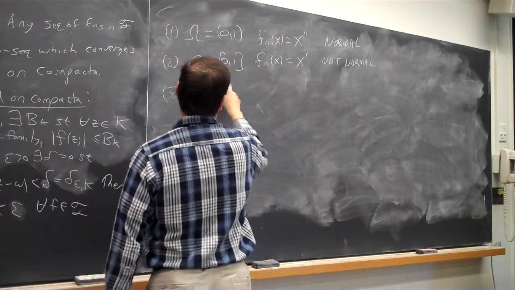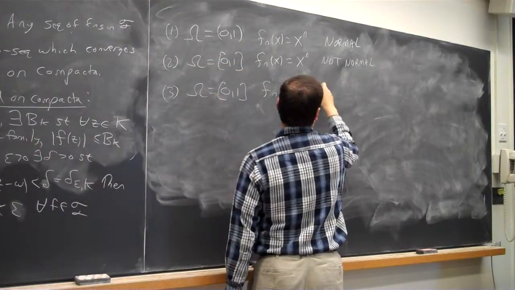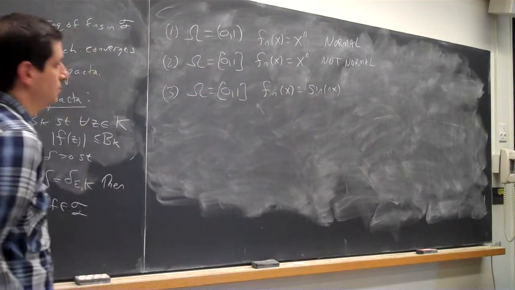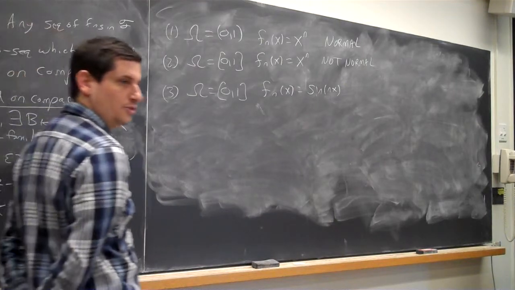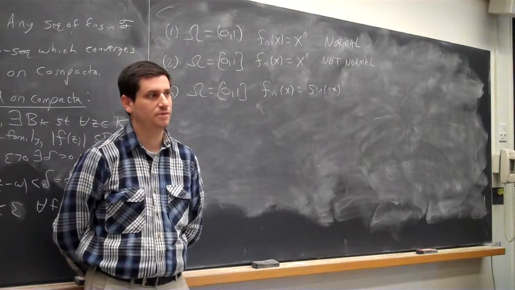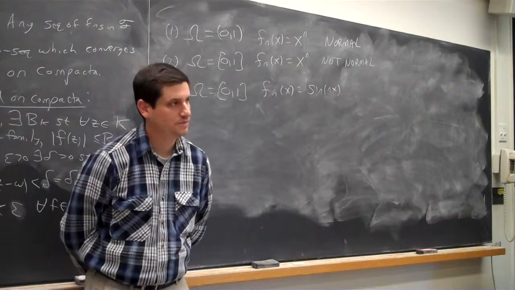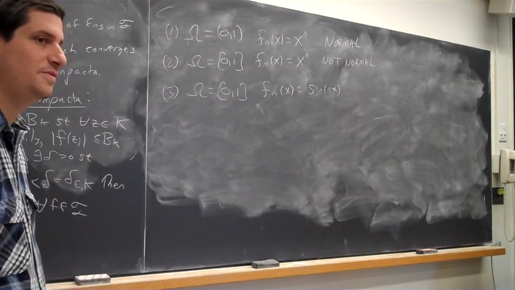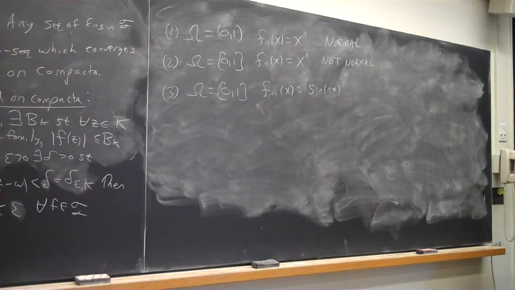Let's look at omega is [0, 1] again, and f_n of x is the sine of nx. What do you think? Not normal. So this one's not as clear, right?